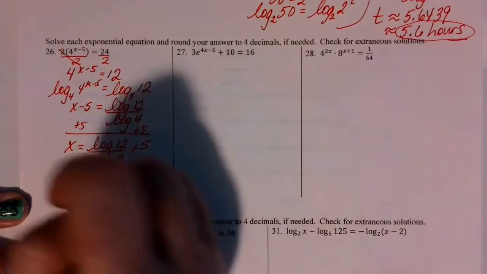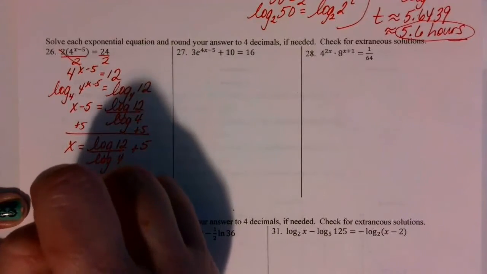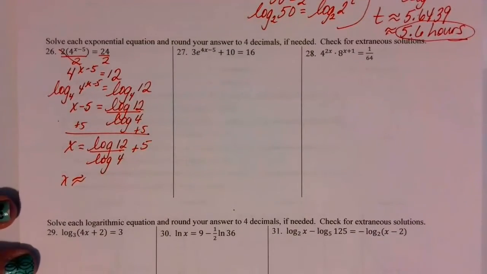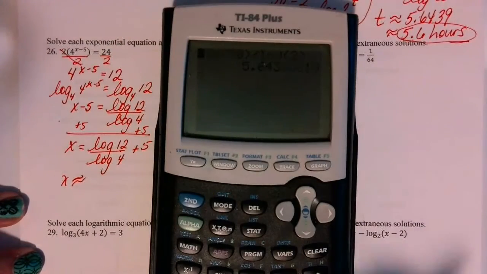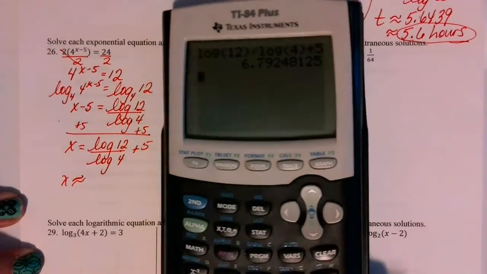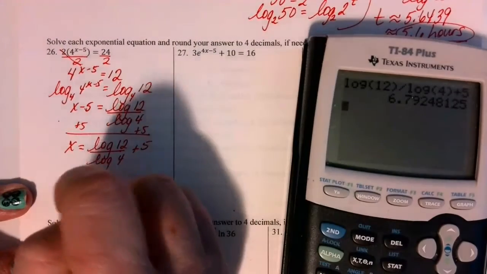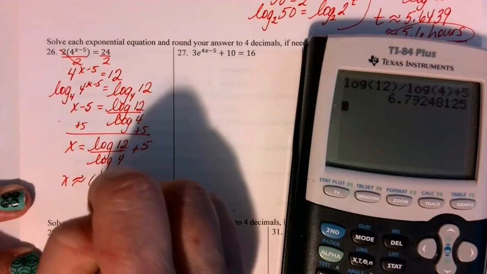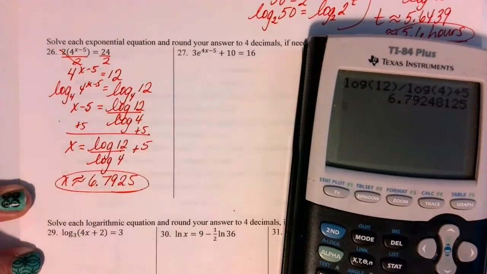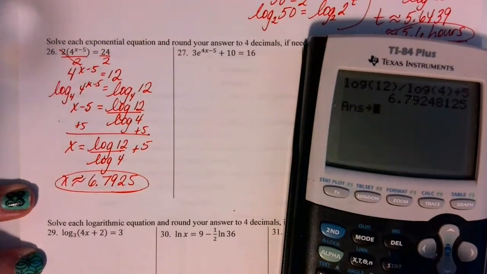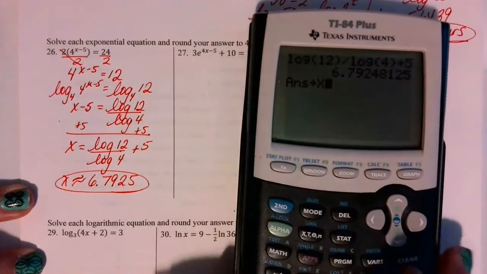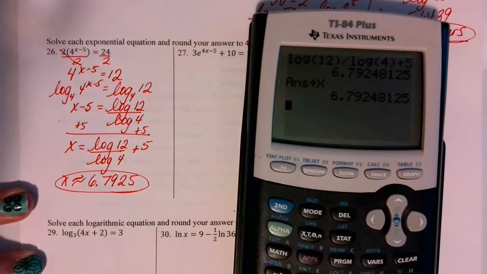plus 5. So when we evaluate that in the calculator, the log of 12 divided by the log of 4 plus 5 is approximately 6.7925. And we're going to store that as the x so that we can check the answer.